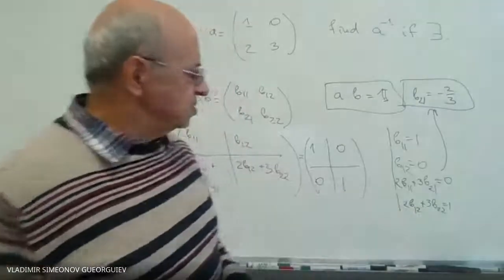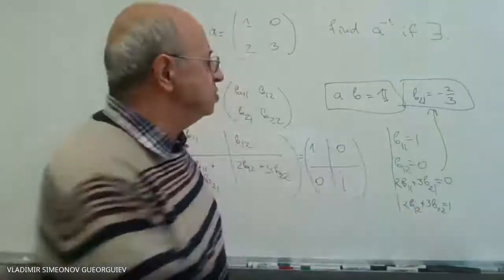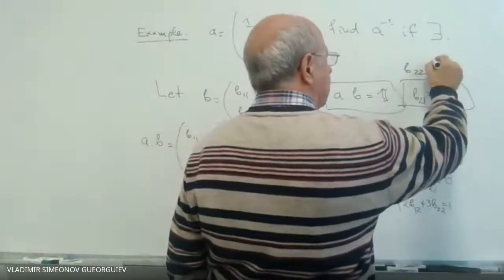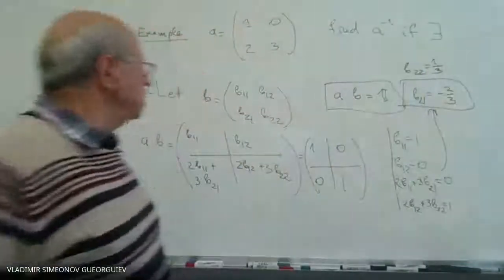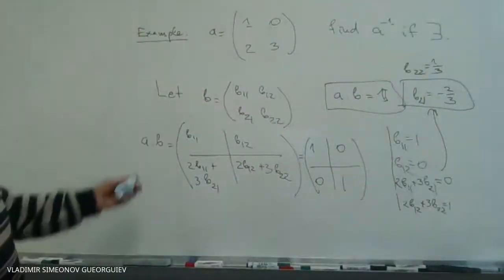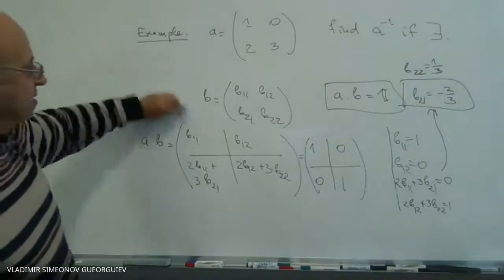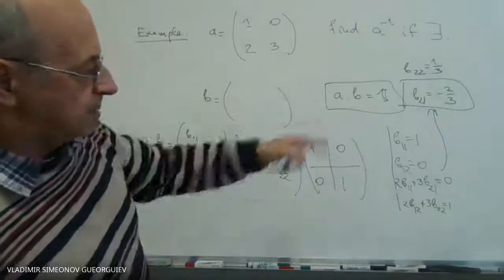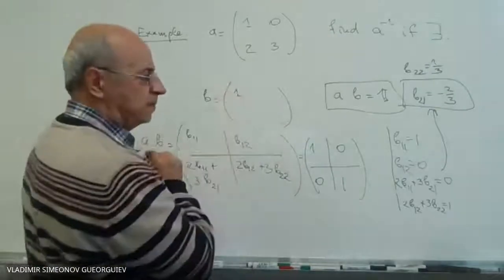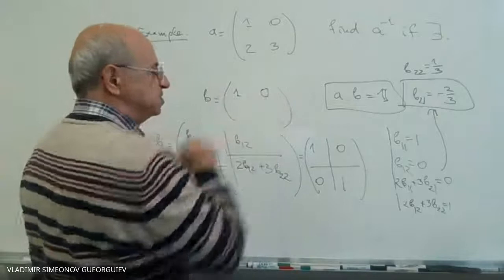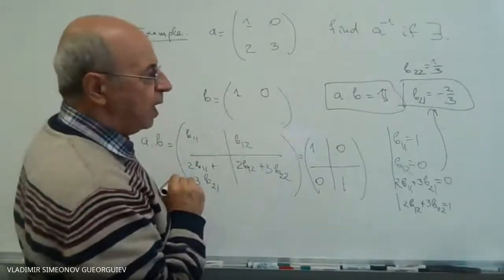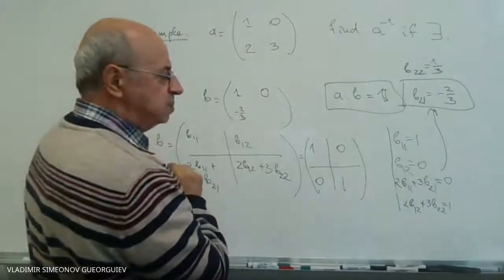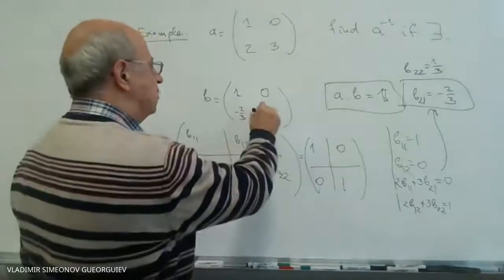B12 was 0, so from the last equation we take B22 is 1 over 3. And now we are ready to find our matrix. Then, what is the inverse matrix? B11, we said this is 1. B12, this is 0. B21 is minus 2 over 3. And B22 is 1 over 3.